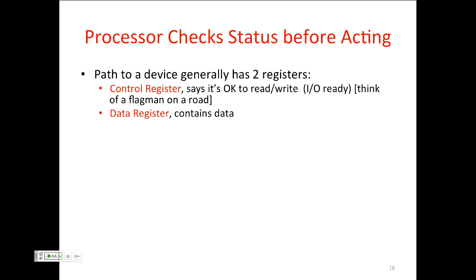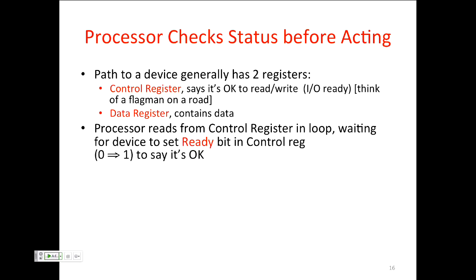One way to think about it is like a flagman on a road, where you don't know whether you should go ahead and read from the device or write to the device or not, but the flag will tell you, yes, I'm ready, you can access, or no, you should not do anything. And basically what you do is you keep going through these different devices, you read these registers, and if the register says 1, which means that the device is available, you access it, and you do that by loading or storing to that data section in memory.